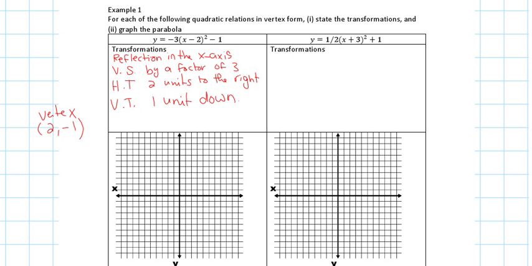The y value, or the k value, stays the same. What would be your step pattern? -3 times 1, 3, 5. Remember that you have to multiply by the a value. So that's going to be -3, -9, -15.